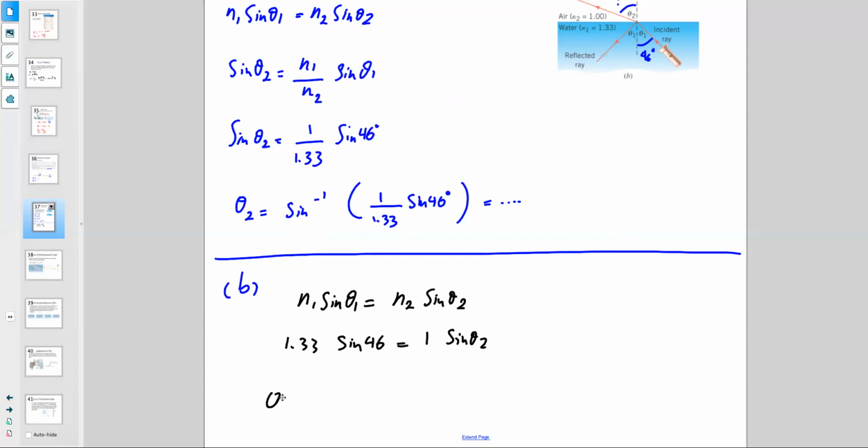So theta 2 would be sine negative 1 of 1.33 times sine of 46 degrees. Now remember, this sine of 46 is inside the sine negative 1. That's how we can find what the angle is.